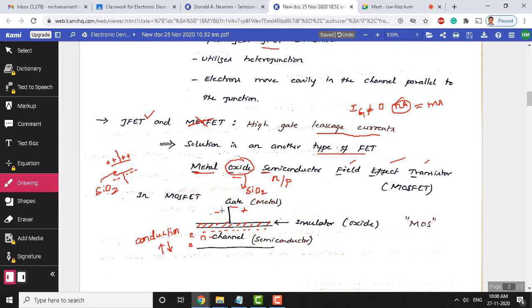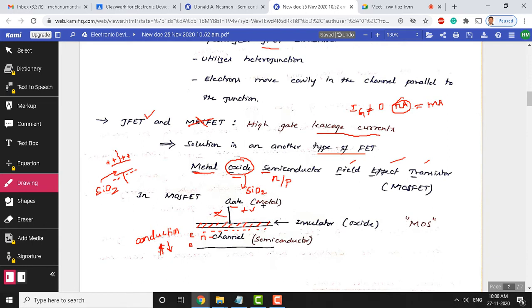In this case, if you apply positive voltage, negative charges get induced and the conduction gets enhanced, conduction keeps increasing here. If you apply voltage between these two phases, the electrons are pushed from one side to the other side. We will see that at a later stage. The name MOS comes from this reason.